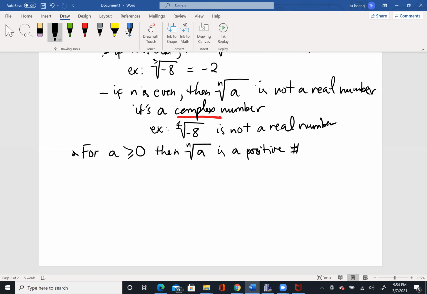Always. Either n is even or odd, so it doesn't matter for this case.